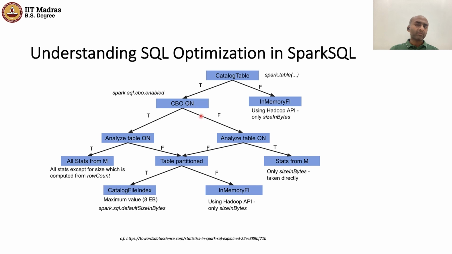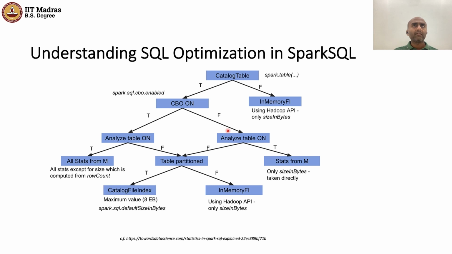In fact, even if the CBO is off, the analyze table status is looked at. That's why I emphasize that analyze table is something you want to do. It's one of your best friends in order to get the best performance, and the reason is exactly this. In either case, the analyze table flag is checked.